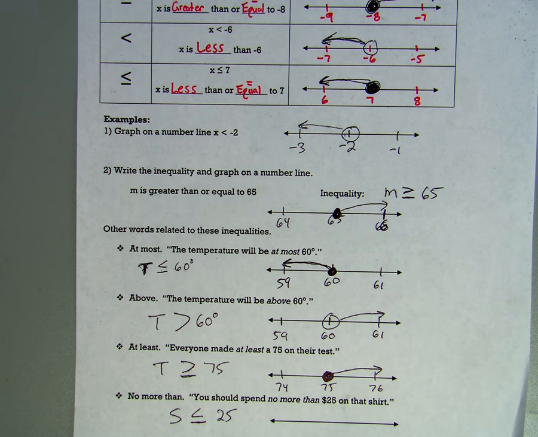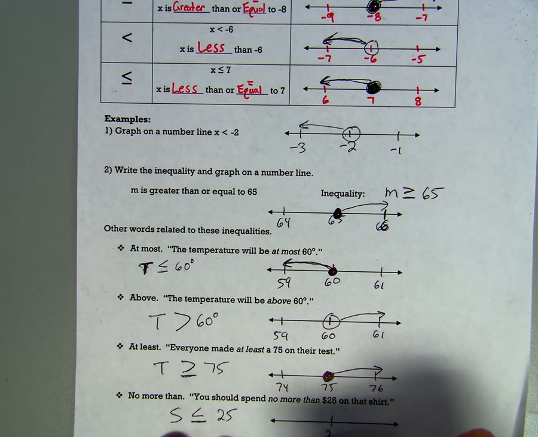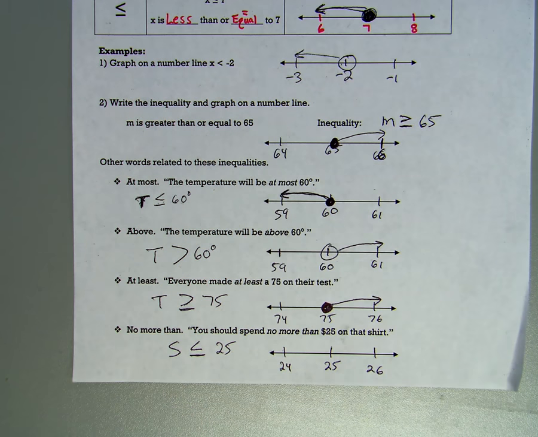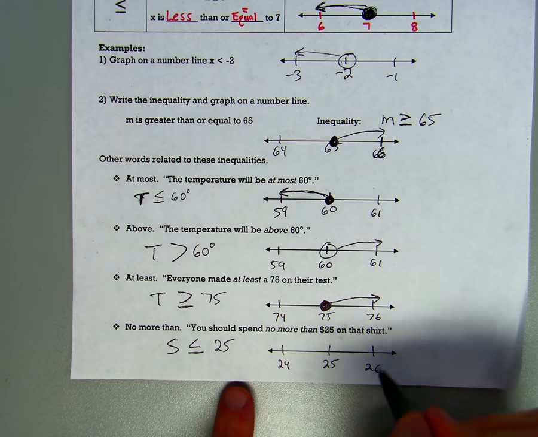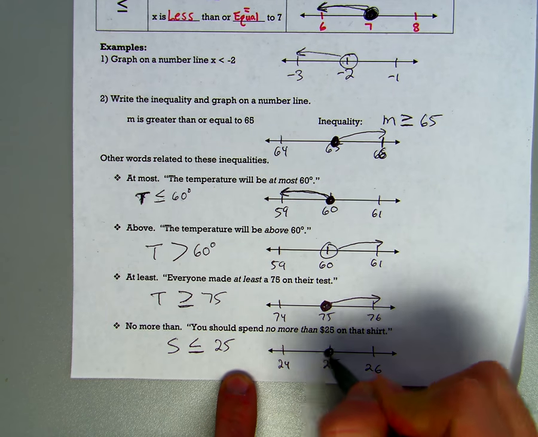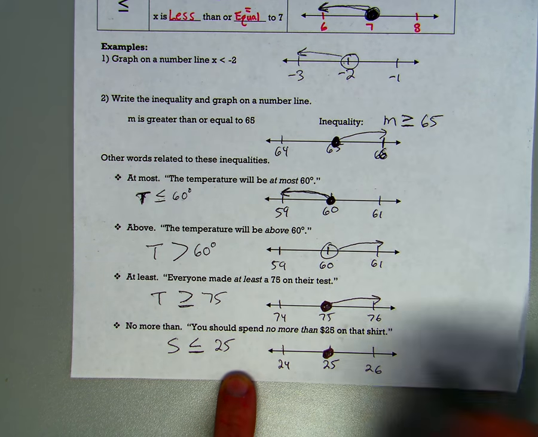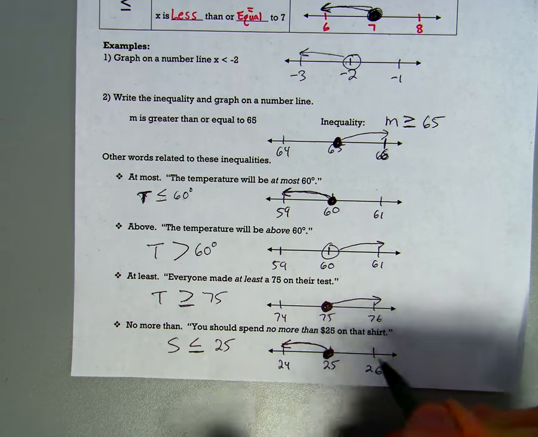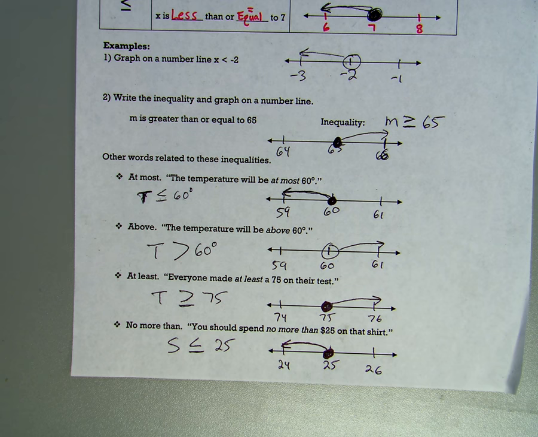So here's our 25, 26 and 24. Move that up so you guys can see it. So it's an equal to, closed circle, and then we have it as a less than there. So it could be 25, but it also can be less than.